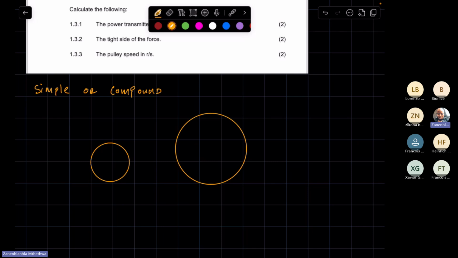A simple belt drive is where essentially you just have two pulleys that are fitted with a belt, or that are connected with a belt.